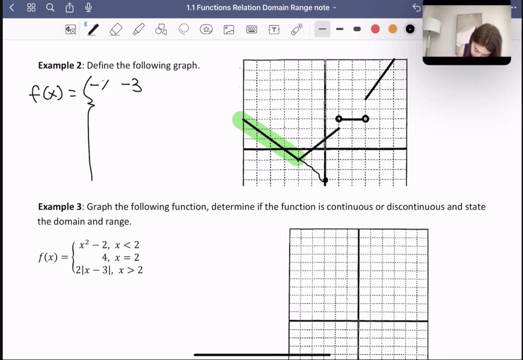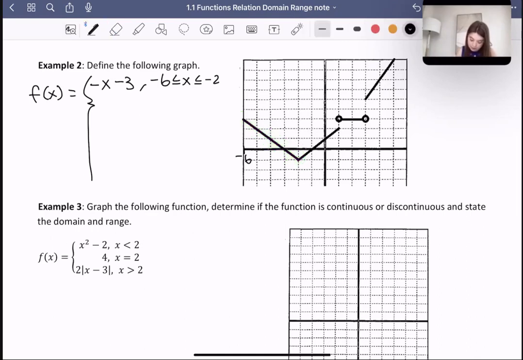So -x minus 3 for when x is between -2 and -6, that is the function we're going to go off of.